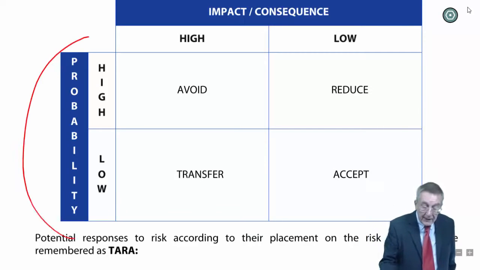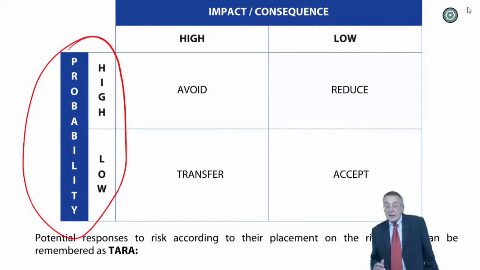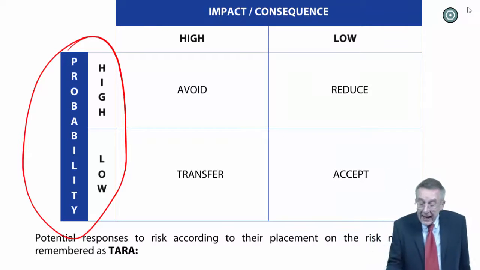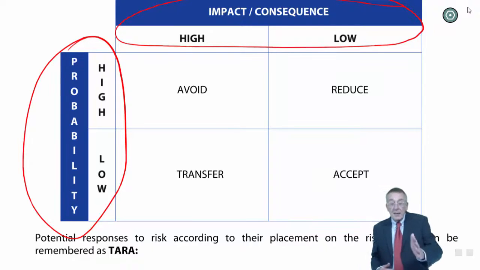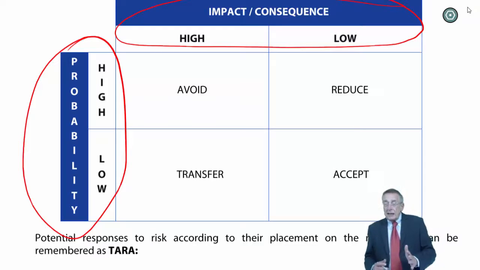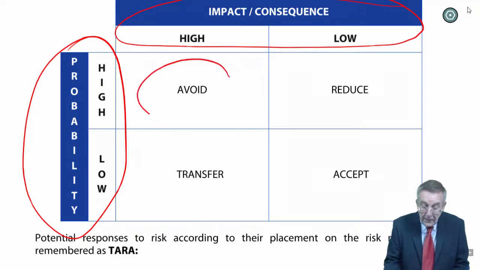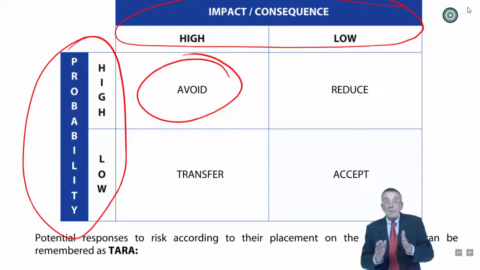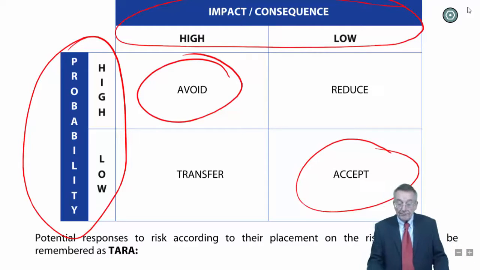Is it high probability or low probability? And again, for each of the risks, is the impact on us, the consequence of it, likely to be high impact or low impact? Depending on the combination of the two, if it's high probability and high impact, then it goes into that box. If it's low probability, low impact, into that box, and so on.